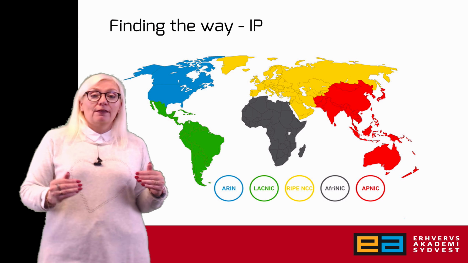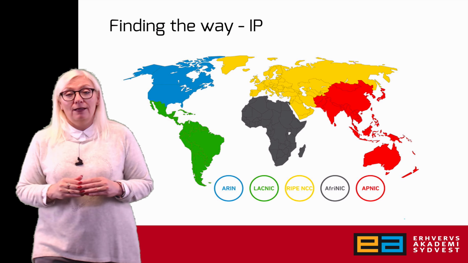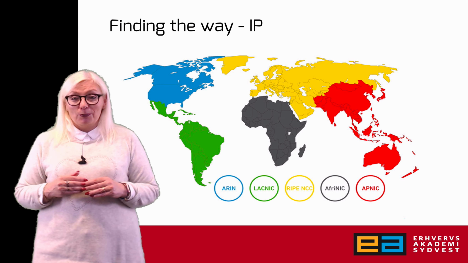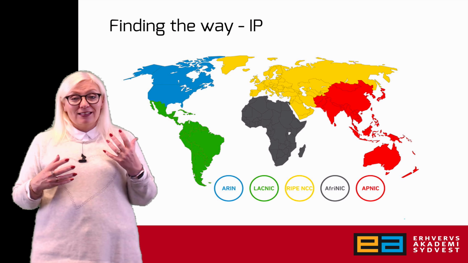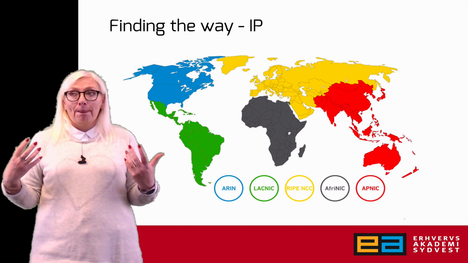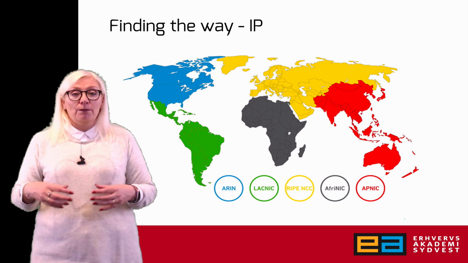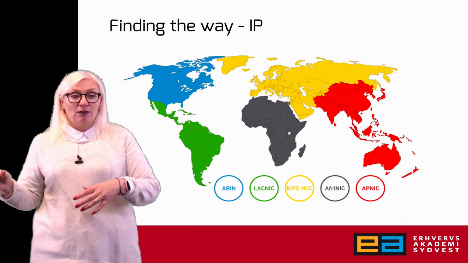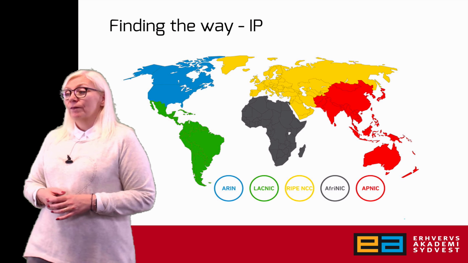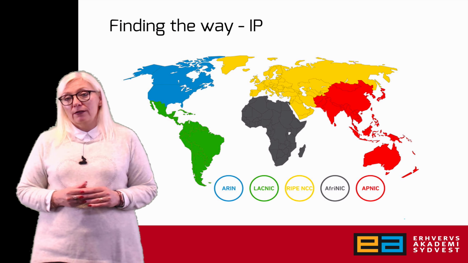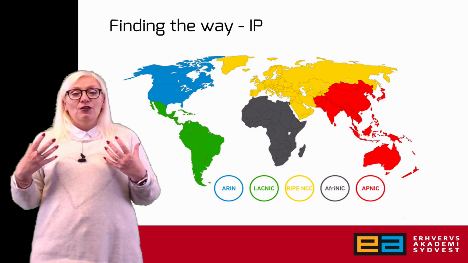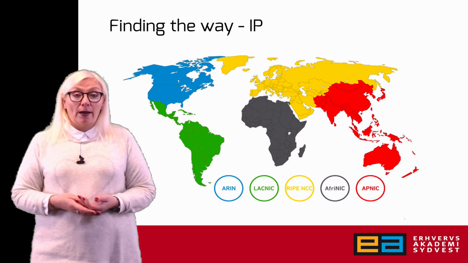Then on the layer underneath the transport layer, we have the networking layer. This is where everything is transported from the correct address to the correct address. So the IP protocol, the internet protocol, is used to find the way.